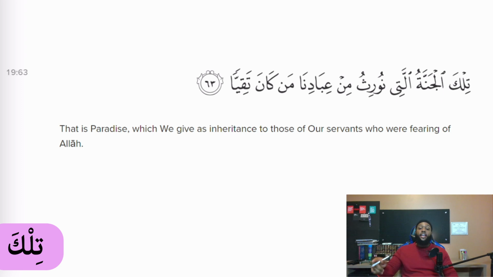So tilka al-jannatu, right? As opposed to dhalika al-jannatu, right? That garden, that paradise, allati, which we'll be taking a look at, is that which nurithu, we give as inheritance, min ibadina, to those of our slaves, man kana taqiyan, who had taqwa. And again, no change to either of these, whether they're in the state of rafa, nasb, or jar.